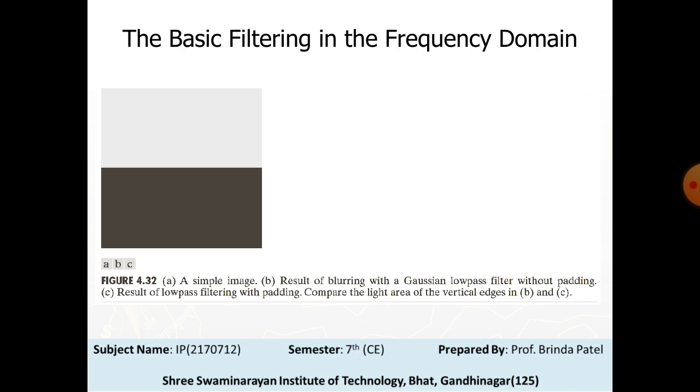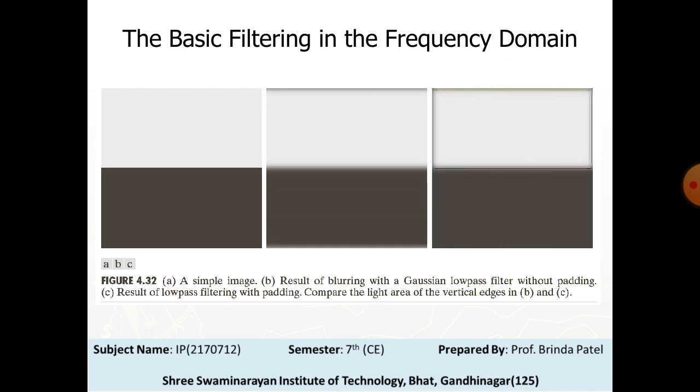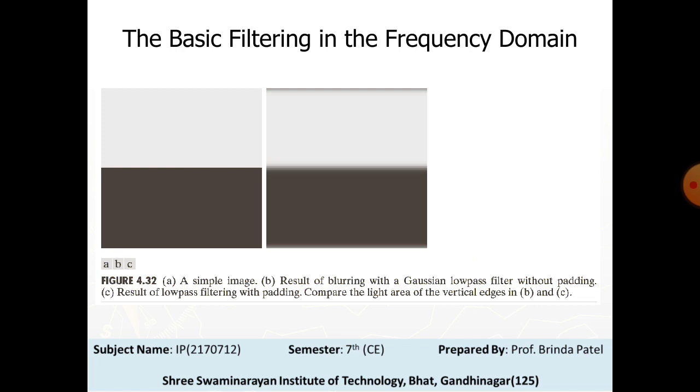This figure A shows a simple image, and figure B is the result of low pass filtering the image with a Gaussian low pass filter of the form shown in figure A. As expected, the image is blurred. However, the blurring is not uniform.